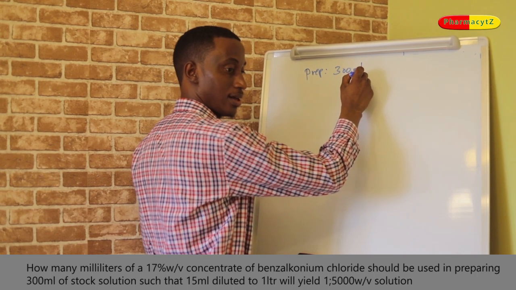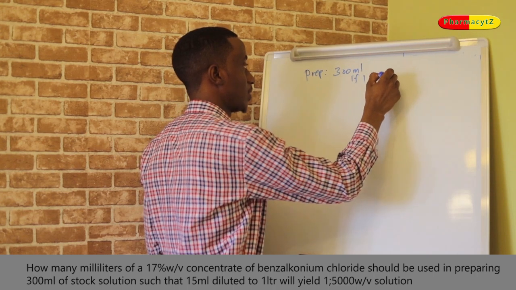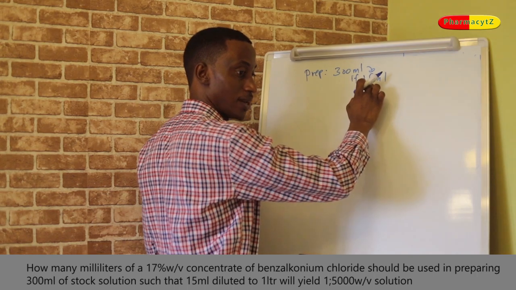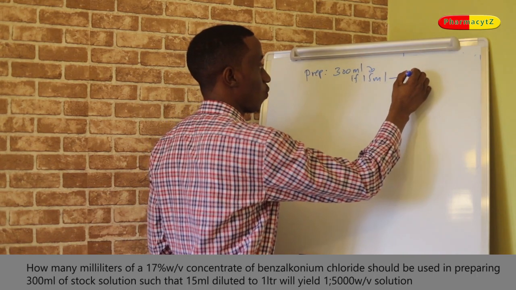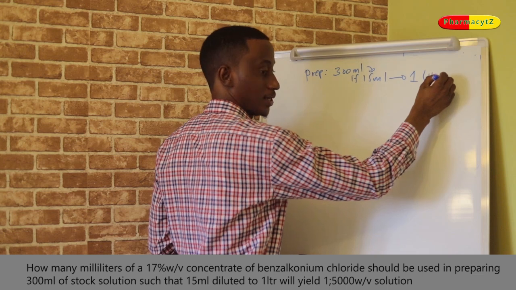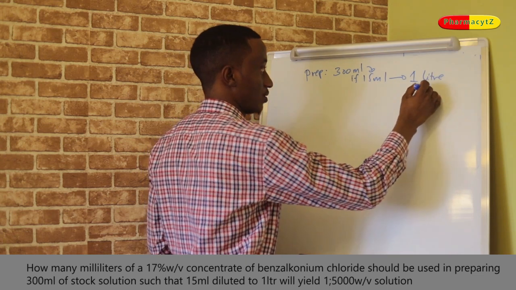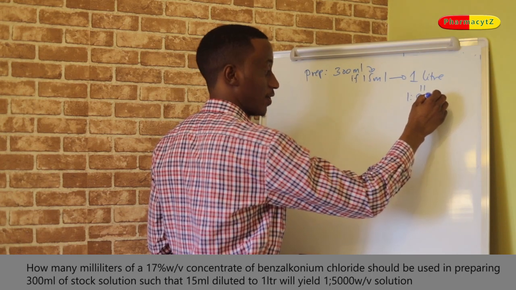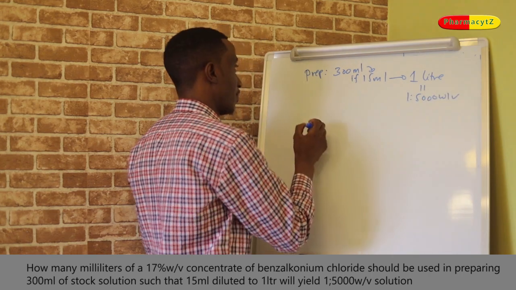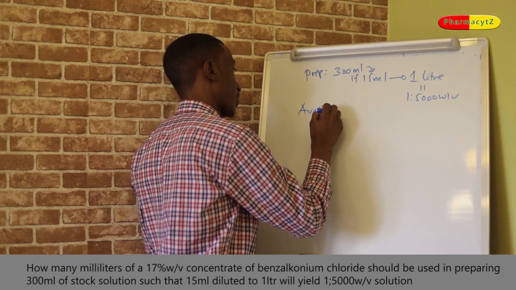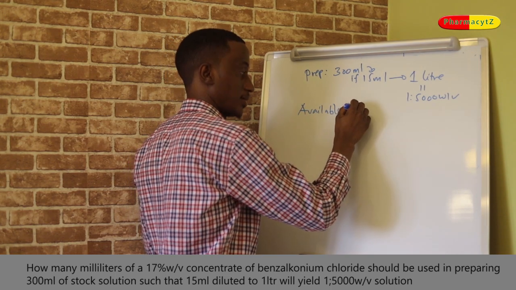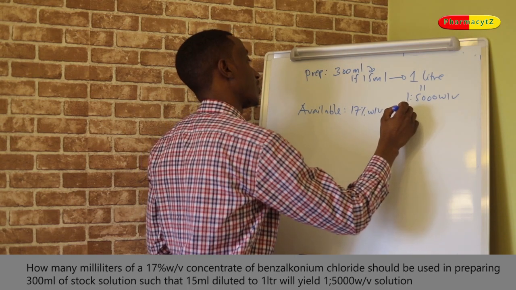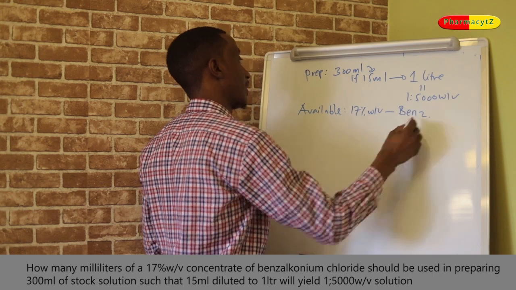when we draw 15 ml from here, and then we dilute it to 1 liter, this should give us a 1:5,000 weight in volume, but available in stock is a 17% weight in volume stock of benzalkonium chloride.